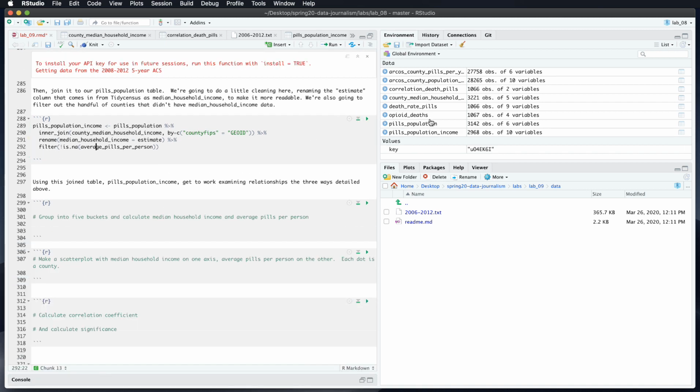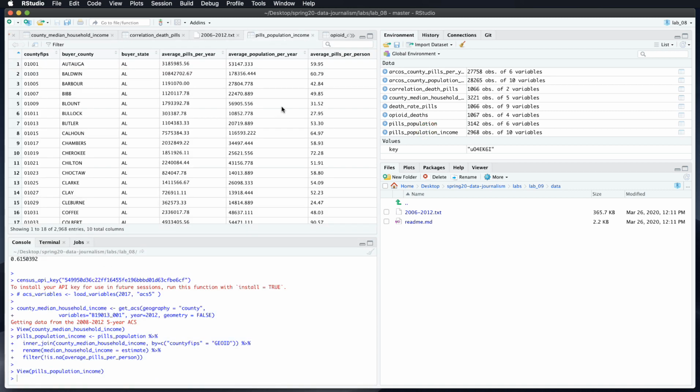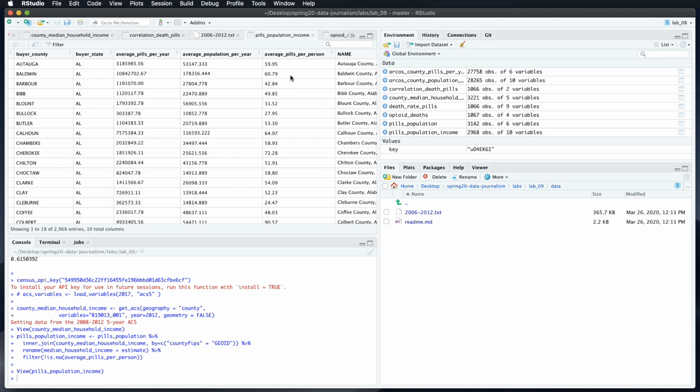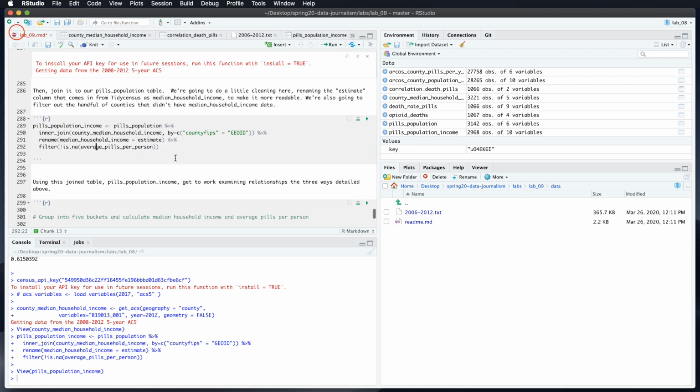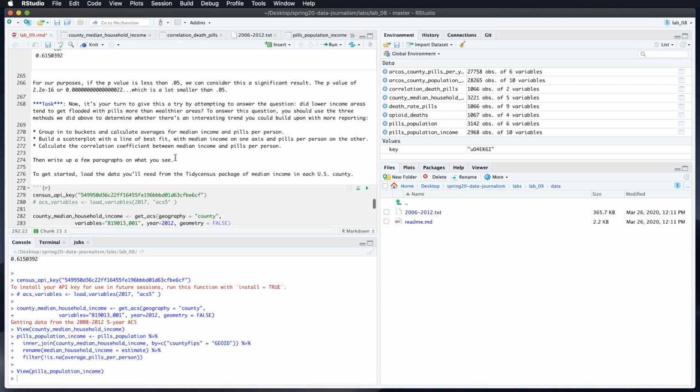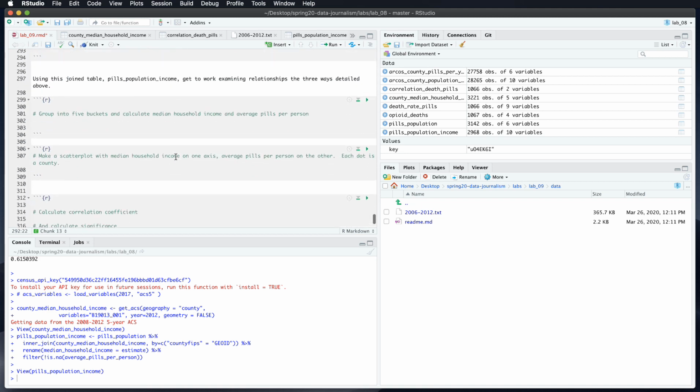Okay, so now you have a table of pills population and income. So we've got our average pills per person, that's this column. We've got our median household income, it's this column. And you're going to work on looking at whether or not in places that had lower median incomes, did those areas get more pills than wealthier areas?